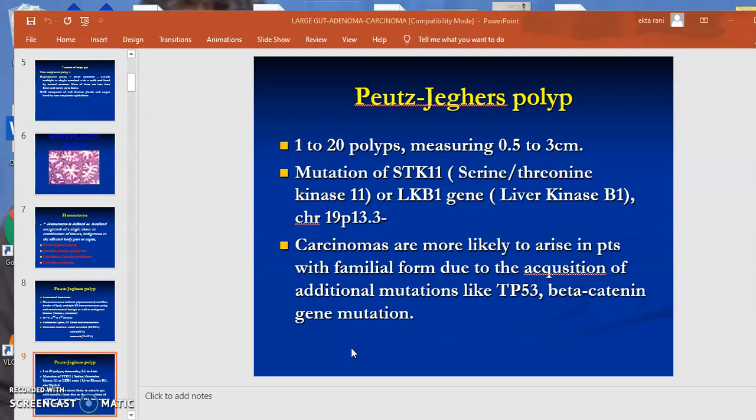Now the common mutations which lead to Peutz-Jeghers polyps are STK11 mutation or LKB1 gene mutation.